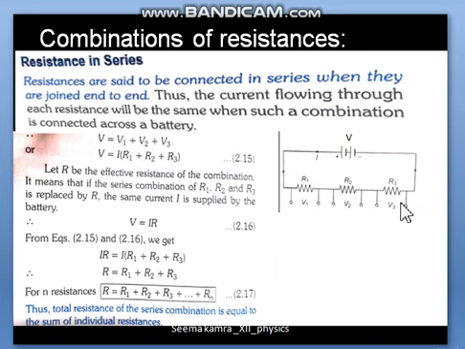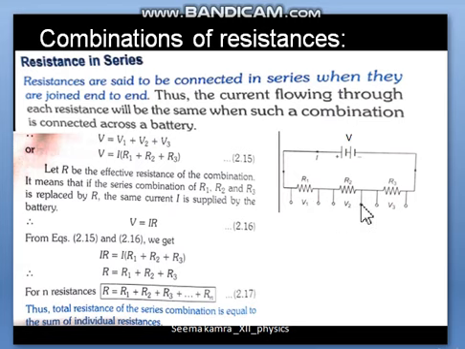Now whenever we have to start a derivation, the trick is to always start the derivation with the quantity which is not the same. So in series combination, current is the same and voltage is not the same. So we will start by writing the voltage equation. Total voltage V equals V1 plus V2 plus V3. Then break them down. The voltage across R1 will be, by Ohm's law, I1 R1.